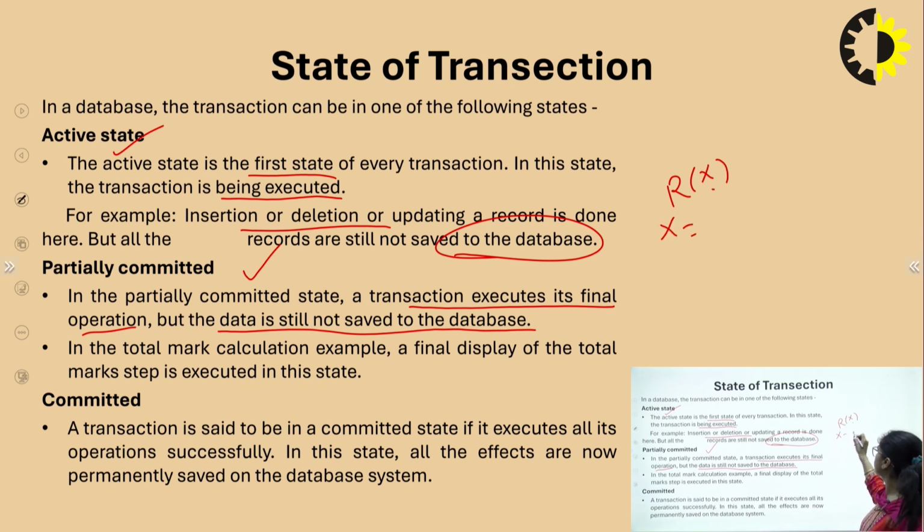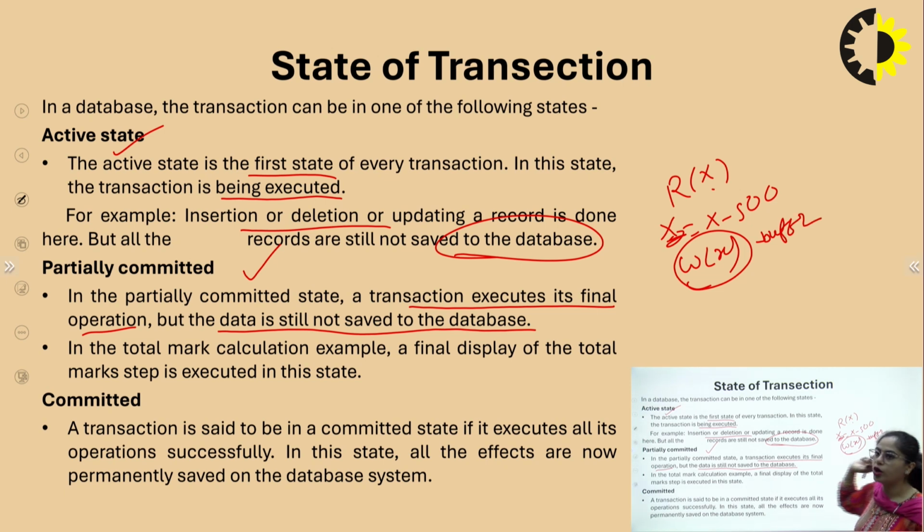Some operation is performed on that data, and then we write the value of updated X. Now here the write of X operation is performed in the buffer, not in the database. The value of X is updated only in the buffer, but not in the database.